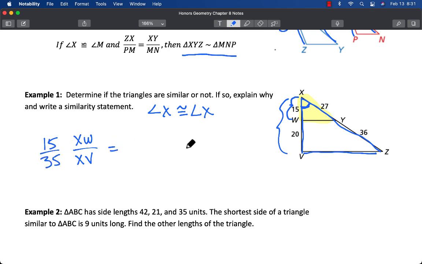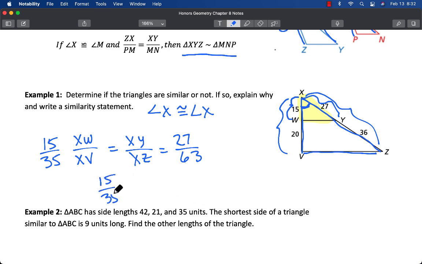We test to see if that is equal to 27, or XY, over the larger one, XZ, which is 27 plus 36, or 63. We want to determine if 15 over 35 is proportional to 27 over 63. If this is a true proportion, then we can say that these triangles are similar by the side angle side similarity theorem. Let's reduce these and see if they both reduce to the same thing.